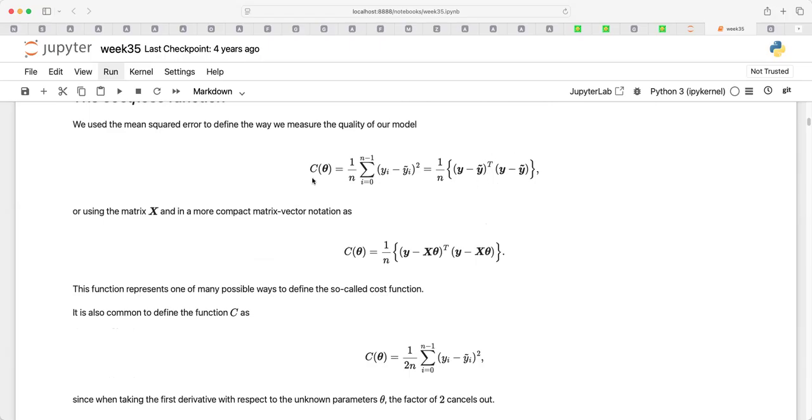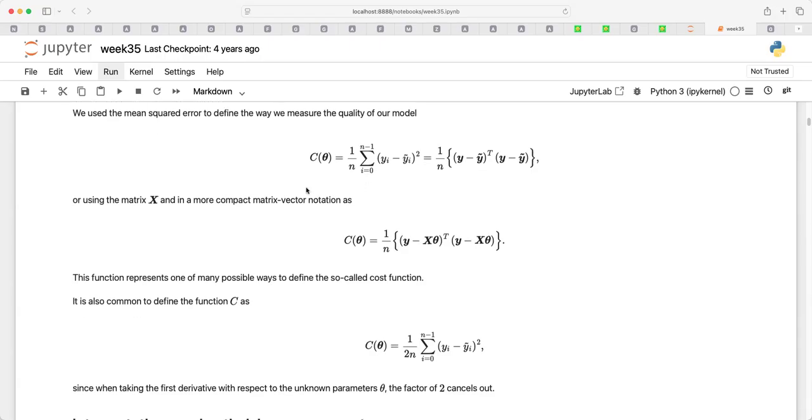So the mean squared error is a scalar, which means that we have to rewrite this quantity here as an inner product, the transpose of a vector times the vector. So what you see here is just the inner product of the differences. And this defines our function, and you can rewrite it in a more compact way in terms of this matrix, multiplied with theta.